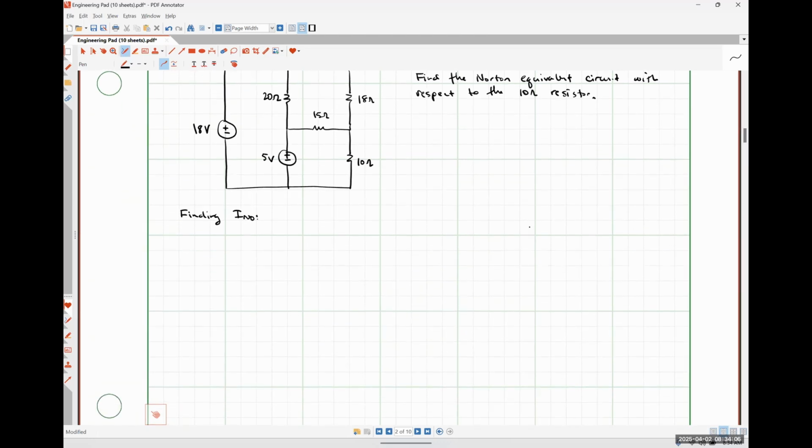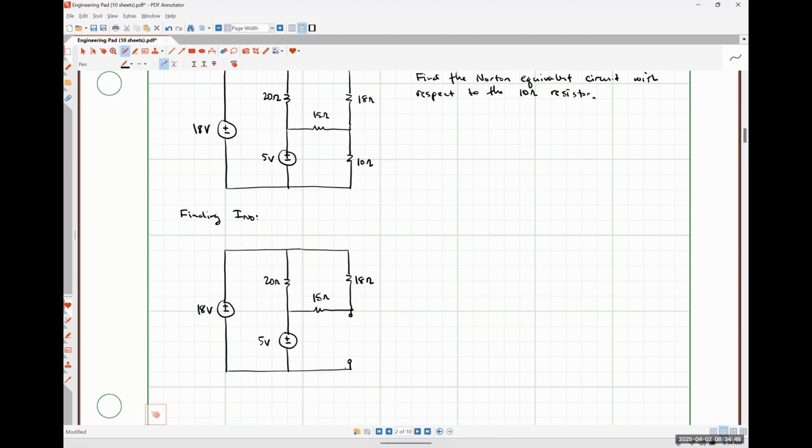So I'm going to redraw my circuit. That should have been a 15 ohm right there. I take my 10 ohm resistor out.